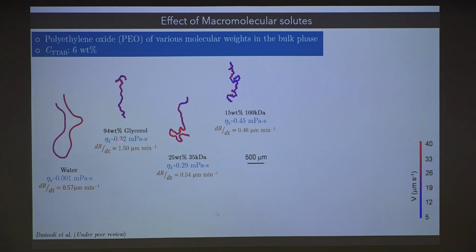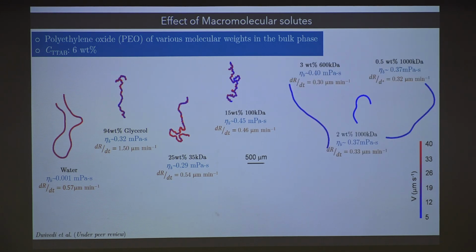So glycerol system viscosity was around 32 millipascal. So we added polymers such that we get roughly similar viscosity, and here what we observe is that at 35 kDa and 100 kDa we do get jitteriness in the motion. Right? But the important thing is that although the viscosity is more or less similar, the rate of solubilization in polymeric system is actually similar to water.